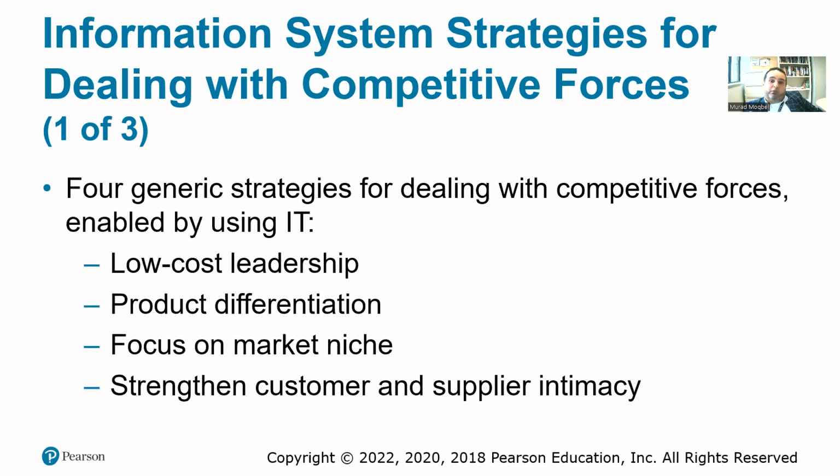So how do we deal with competitive forces using information systems? We have those 4 generic strategies. This includes low-cost leadership. So for example, Walmart has this low-cost leadership in the retail business because they utilize information technology for their supply chain, for their logistics, right?